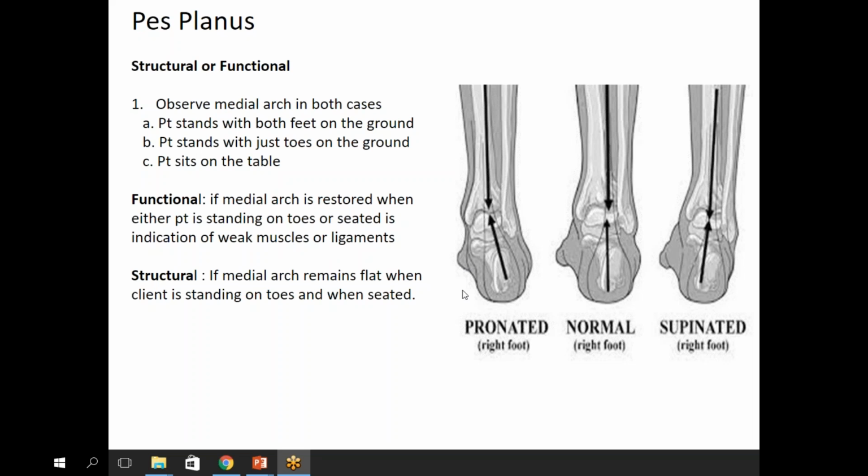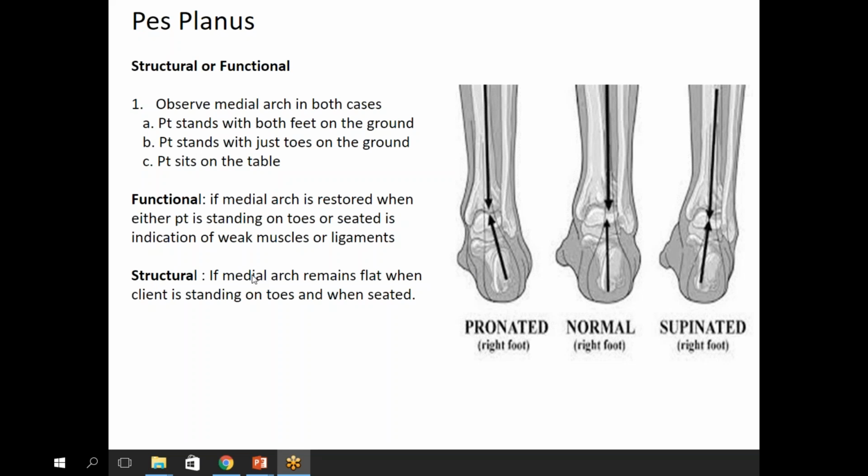So in other words, if they're standing up and you're looking behind them and they have a fallen arch, if they sit down and take their weight off and the arch springs back to life, or if they go up on their toes and it springs back to life, but then they stand up again and the weight just collapses the arch, then that is a functional. That's weak muscles or weak ligaments in there. Okay, and it's structural if it's fallen when they're standing up, and they sit down and take all the weight off, and it's still flat. Okay, so that is the functional.